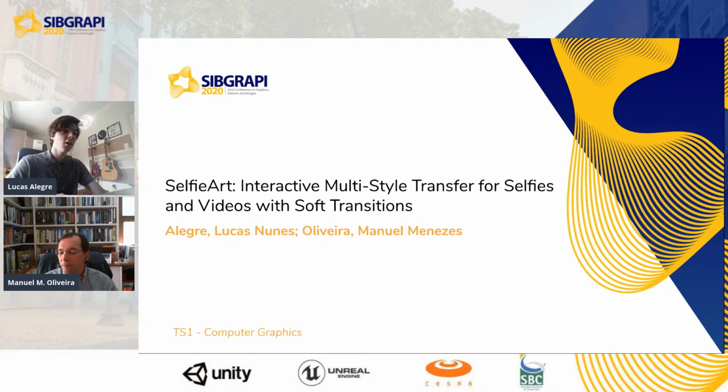Oh, nice question. The modification that we need to do in our method is only in the segmentation network, where we need to extend the number of segmentation classes. And we need to have also a data set with fine-grained annotations for all the possible segments in the image.